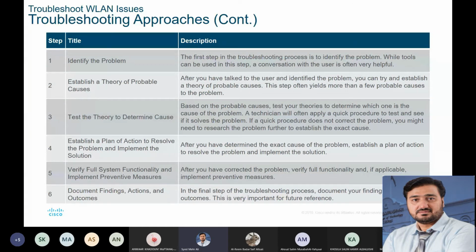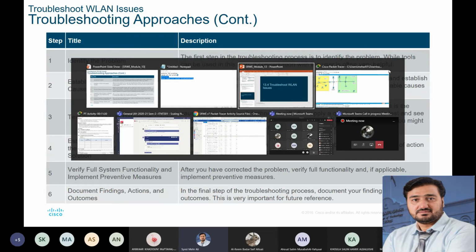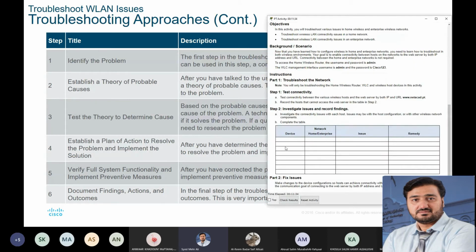So you need to write down what the problem was, what action you have taken, and what the solution is, as I showed you before. See here, this is the same as your documentation.